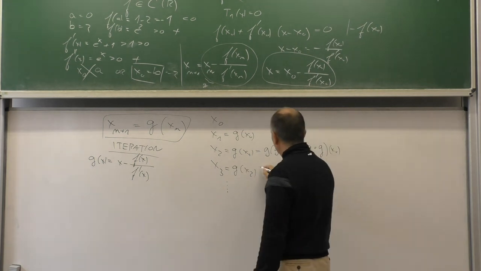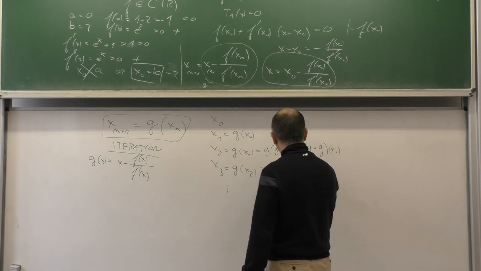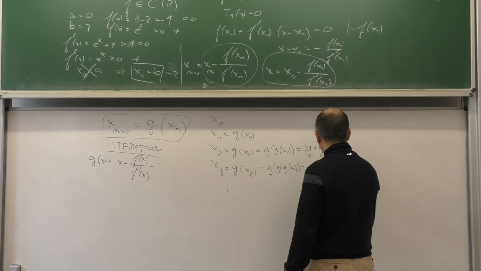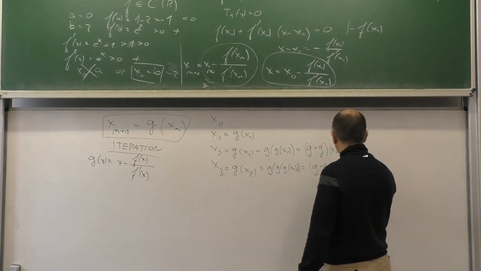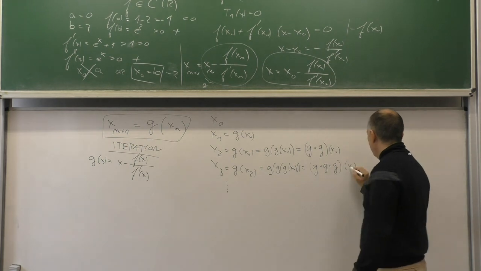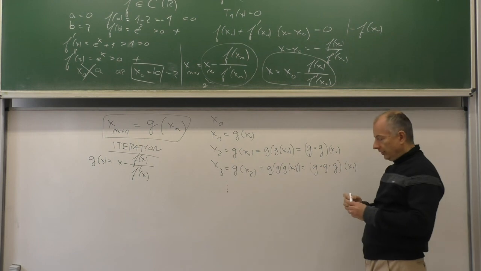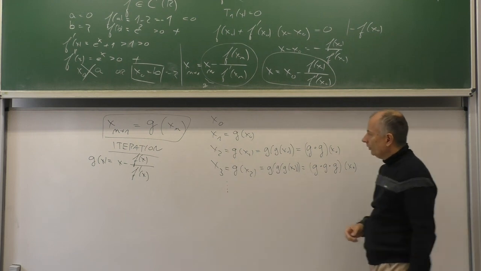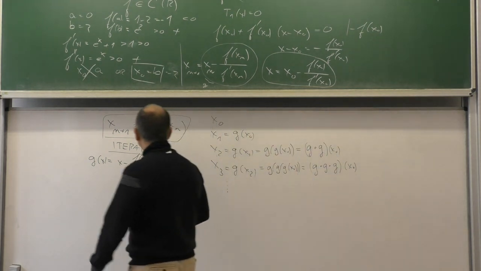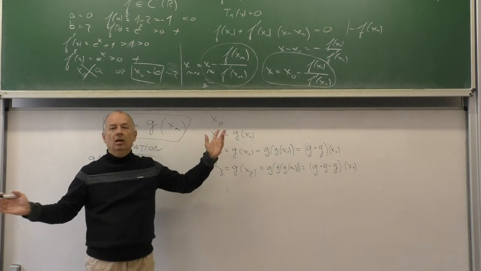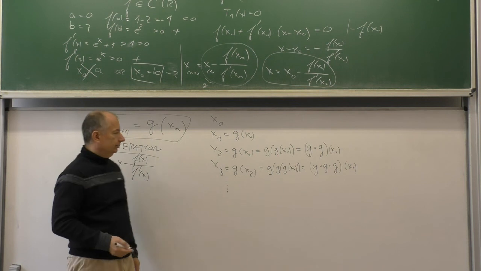And similarly, this is g at g at x0, which is g composed, this time 3 times, evaluated at x0. So we compose the function with itself. So let's have a look at what happens if we have some function g and we iterate the function.